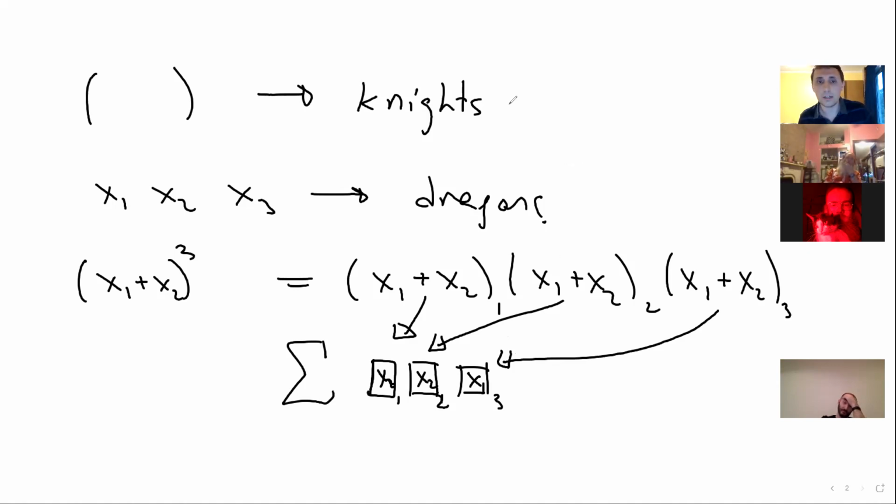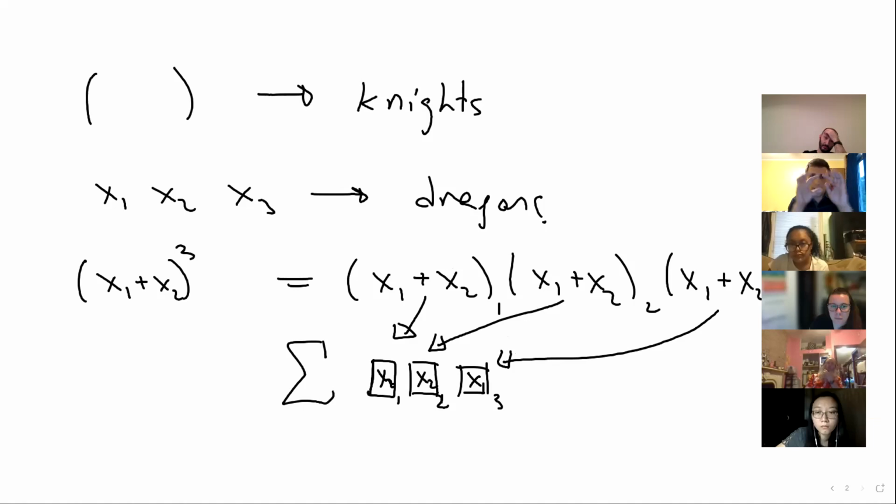So there are 2 dragons, dragon x1 and dragon x2. And when we have those boxes, each parenthesis is assigned to go to x1 or to x2.